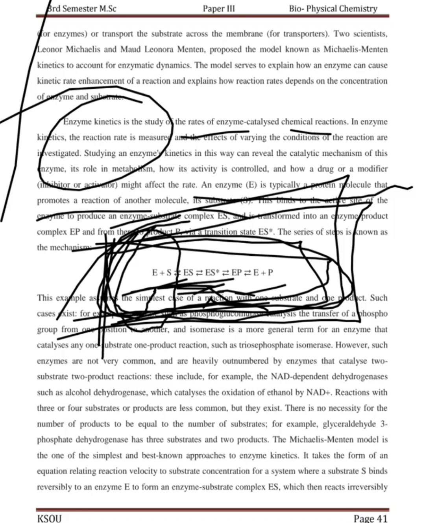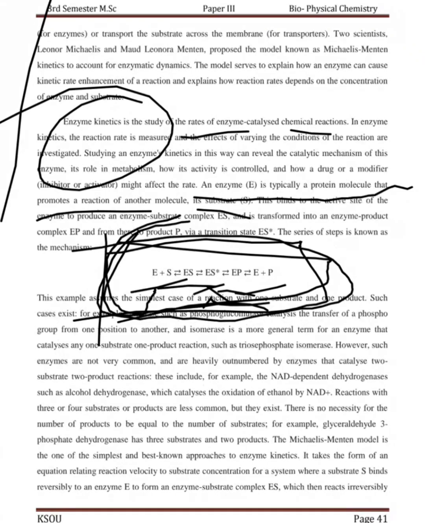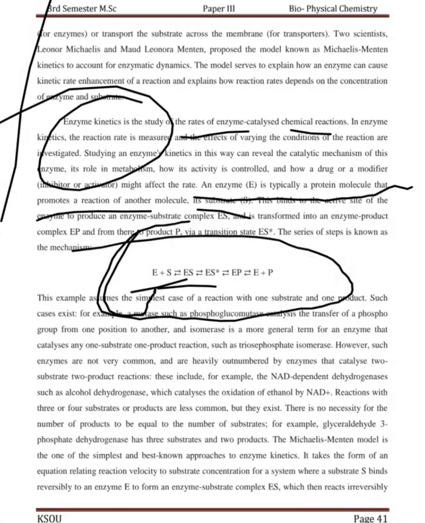In the next step, ES star is the enzyme substrate intermediate, forming the enzyme product, and further separating to give the enzyme and product. The substrate binds to the active site of the enzyme to produce the enzyme substrate complex, the ES complex, and then further forms enzyme plus product.